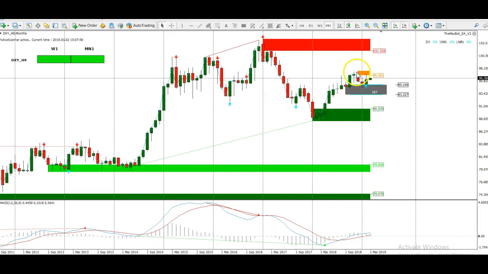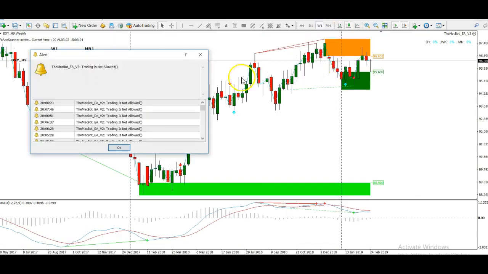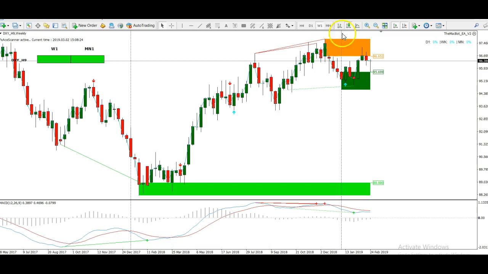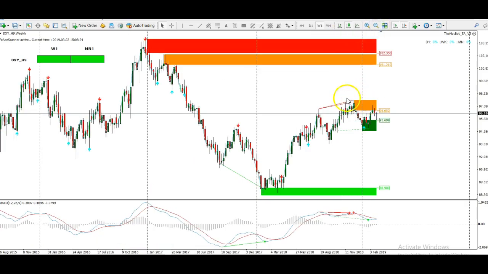This low caused this new high, comes down to test the low, caused the new high here. It's likely to break up through here, you get a small reaction, and we're looking at a continuing higher move on the dollar up towards 101. That's only if it takes out this high here and we're moving up higher.